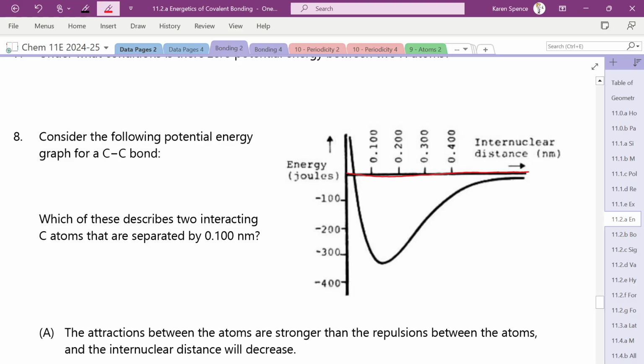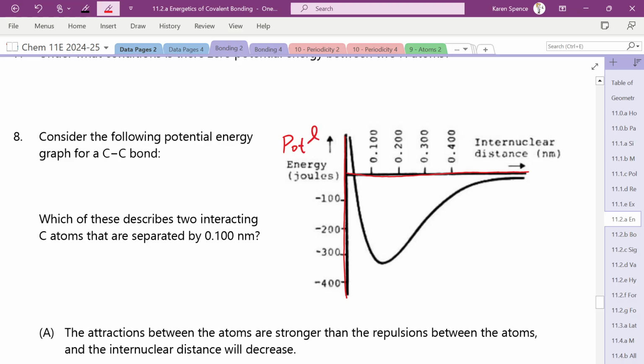Yes, I'm loving seeing this. Yes, because it is indeed the internuclear distance. Okay. And what goes up and down? The potential energy. It just says energy, but it really should say the potential energy.